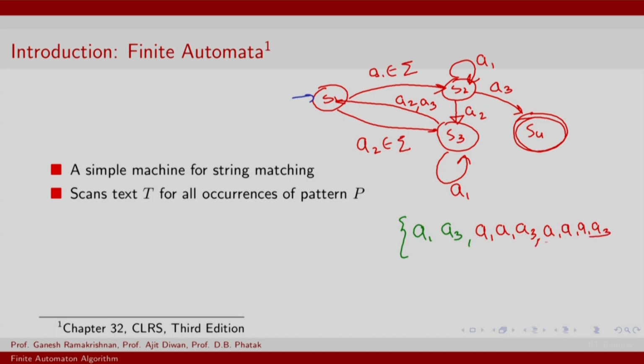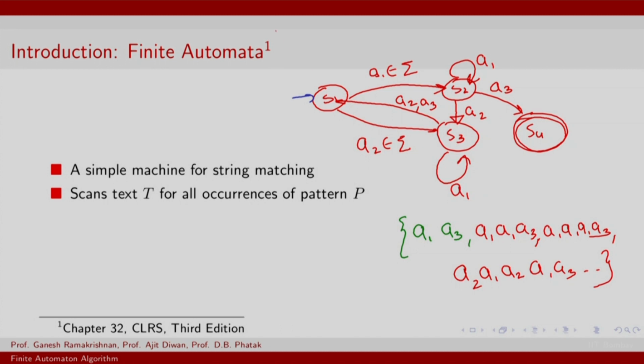So it basically can accept A1 followed by any non-zero number of A1 followed by A3. It can also accept strings prefixed with A2, A1, A2 or A3 followed by A1, A3 and so on. So there is a whole bunch of strings that it can accept.